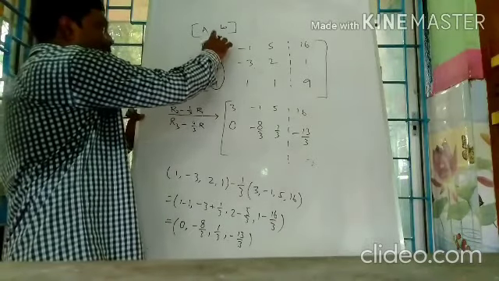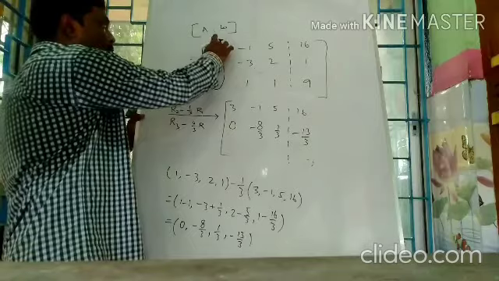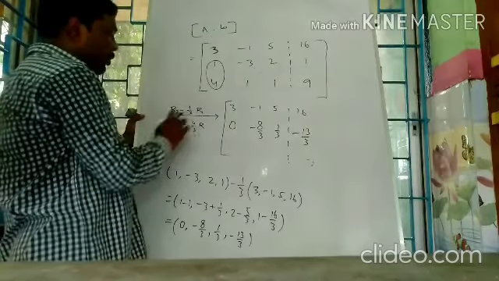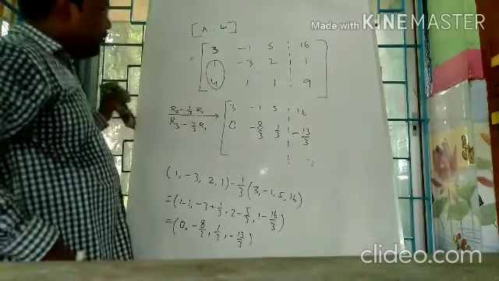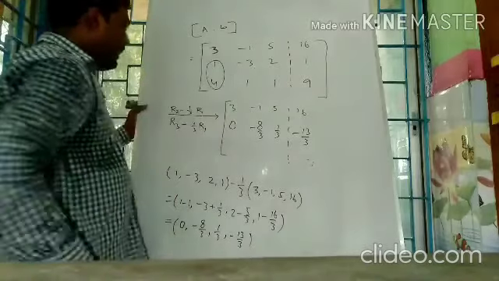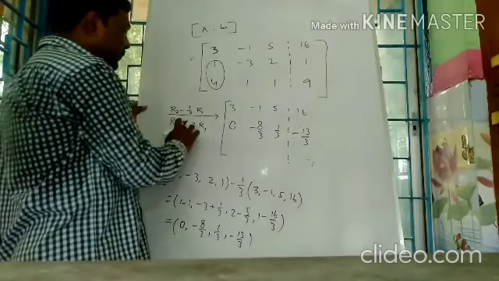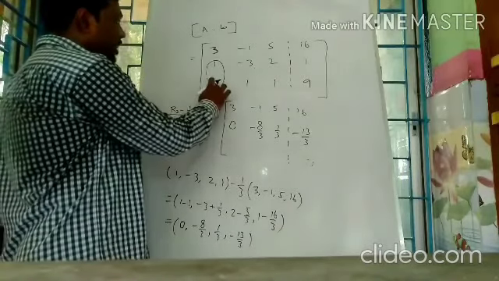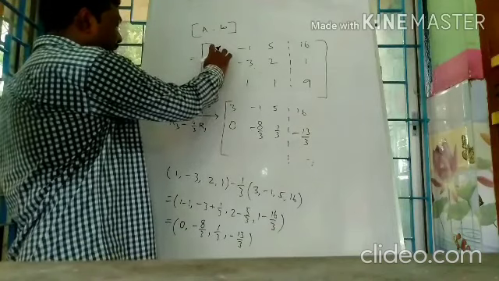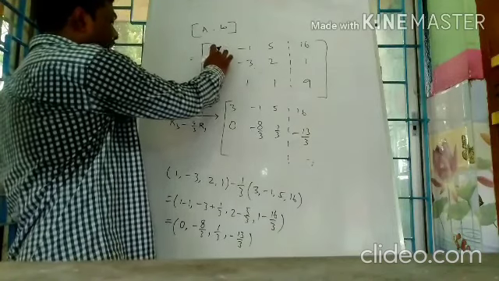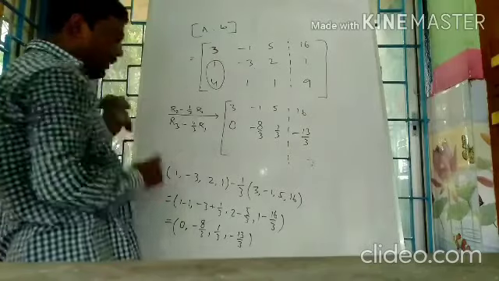Then multiply by 4, then it is 4. So 4 minus 4 is 0. So the row operation for the third row is R3 minus 4 by 3 R1. 4 by 3 R1 is 4 by 3 into 3, that is 4. 4 minus 4 is 0.